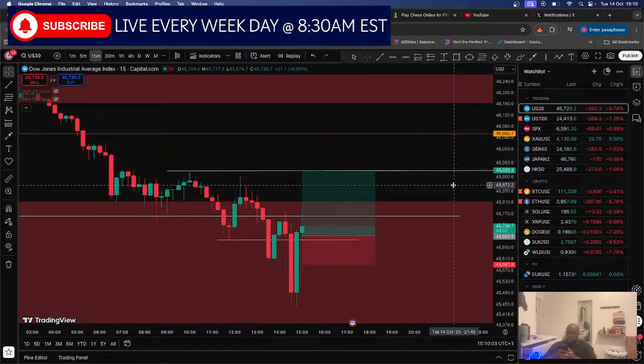Alright, getting some more of a push as expected. If we could just break this level, we should be free. We approach a level, we reject. Let's see, can we get the momentum to come in?